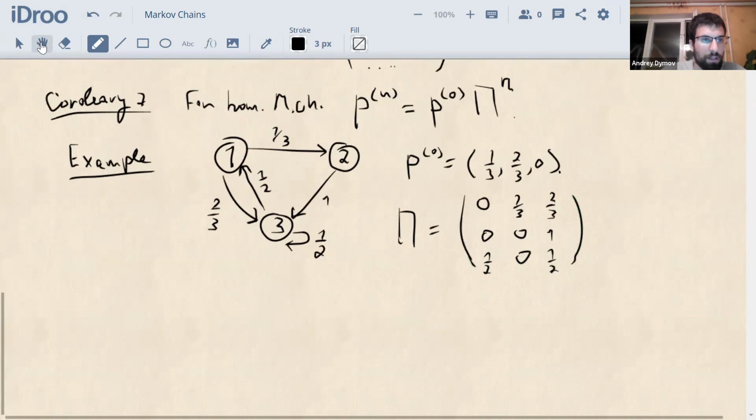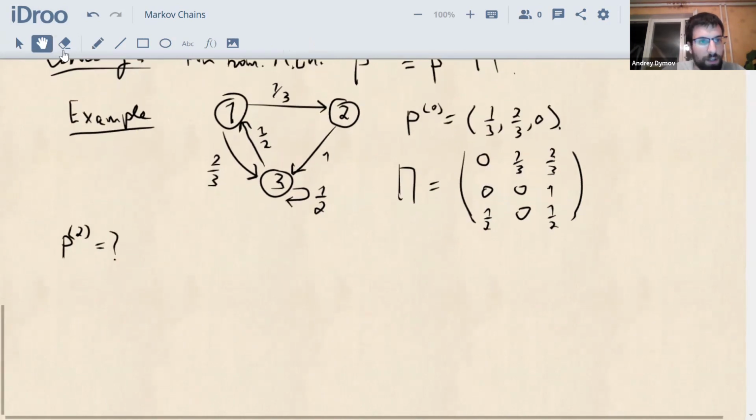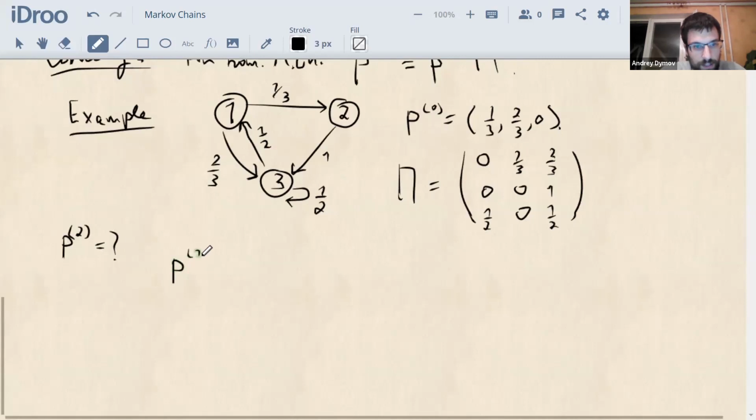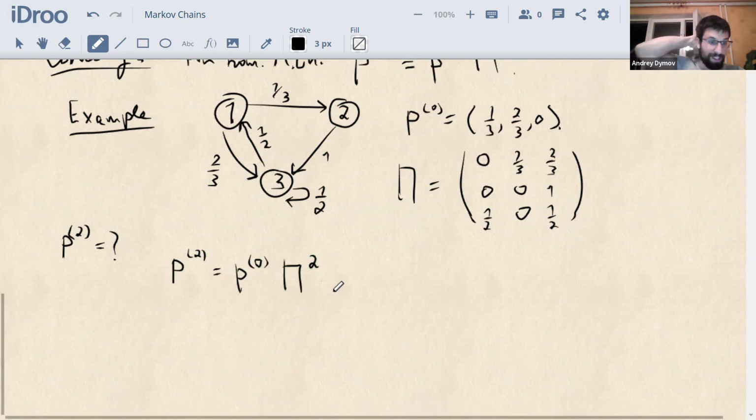Right. So now I wish to compute the distribution at the moment of time 2. So let us do this. This is a very simple computation. By the lemma, this distribution equals the initial distribution times the transition probability matrix squared, right? Here just attention, because I realize that the students have the intention to take the square of this matrix.